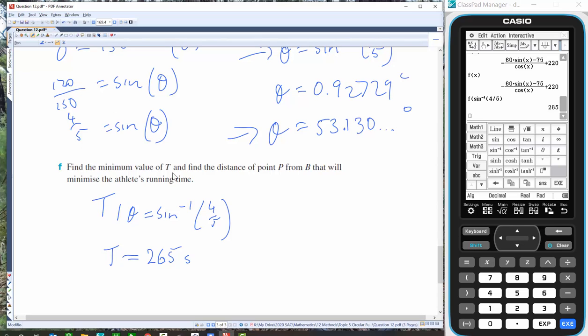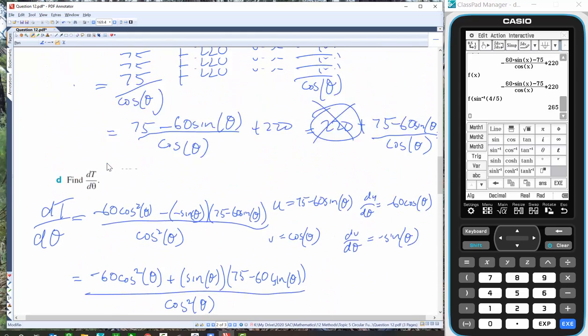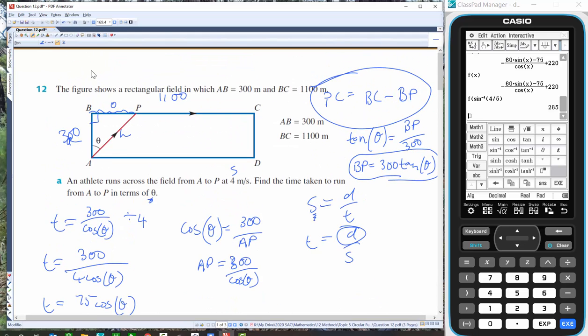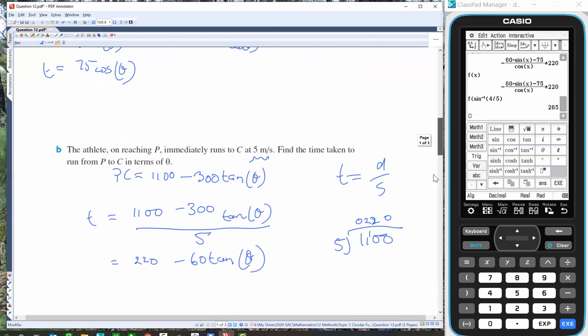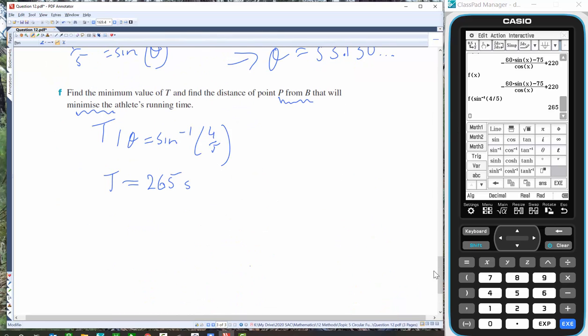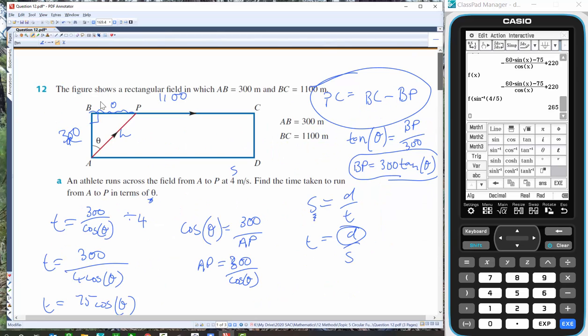So find the minimum value of t and find the distance of point P from point B that will minimize the athlete's running time. So we just need to get that distance. So let's go back up to the original question here and have a look at that one. So we need PB, this distance here. Now line BP is 300 tan theta.